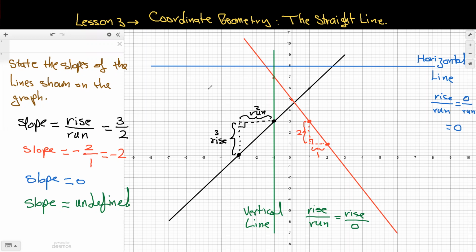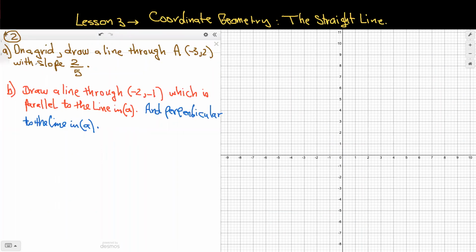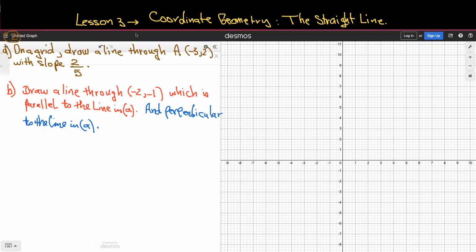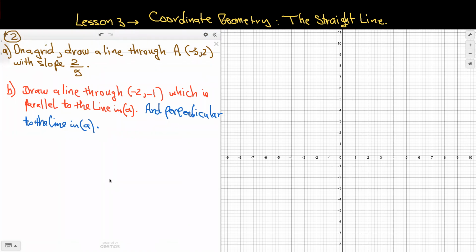Okay, so let's go to the second question. Maybe we'll just call this question 1 for reference. Here's question number 2. On a grid, draw a line through point A, -3 and 2, with slope 2 over 5. First, we're going to draw the point -3 and 2.